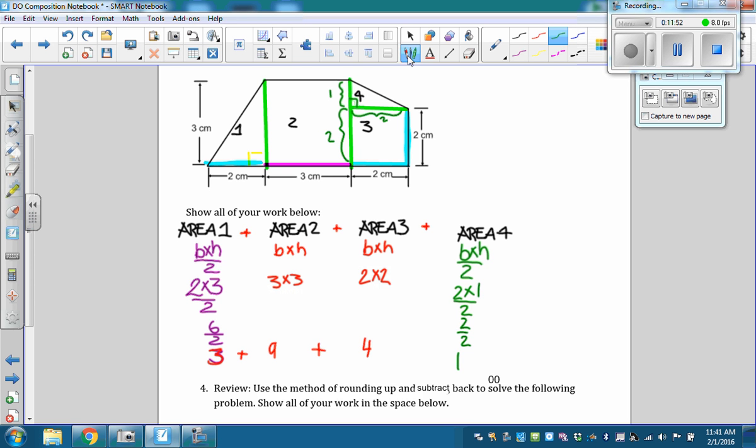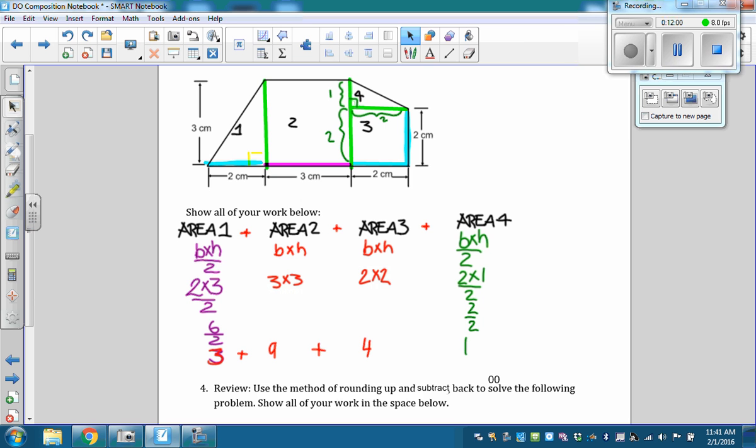So we're going to add that in. Let's move that up a little bit. We're going to add that in as our 4th piece. We'll make that 1 right here. So to get the area, we have all of these pieces added together.